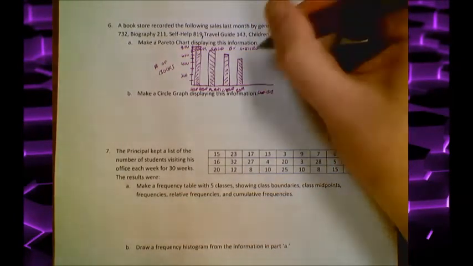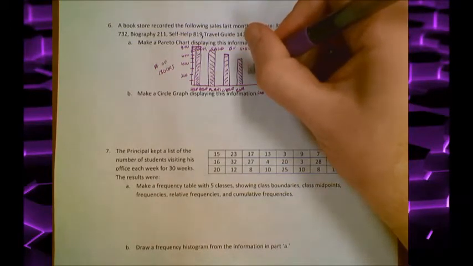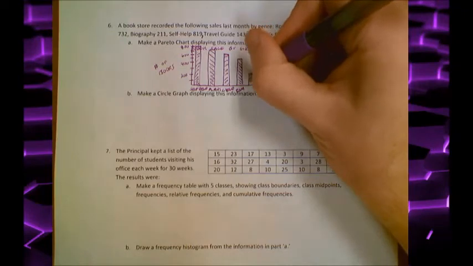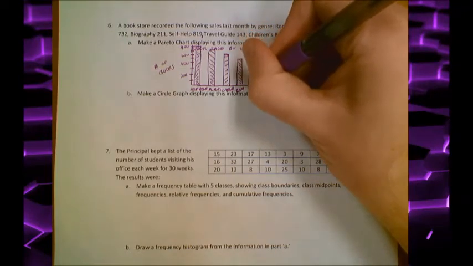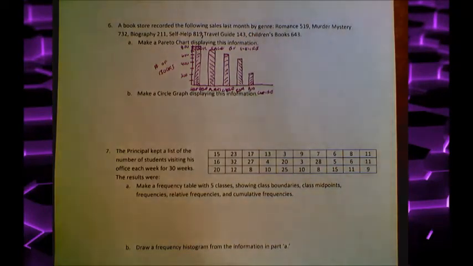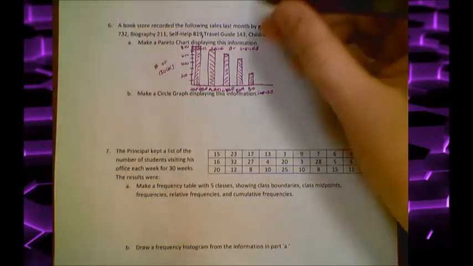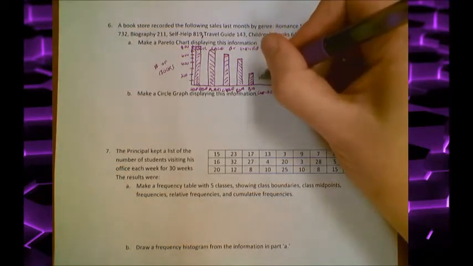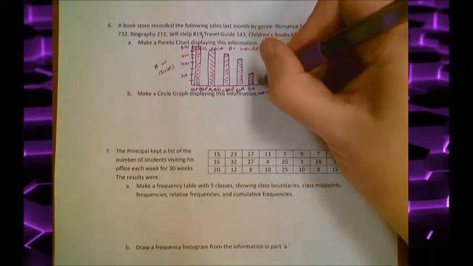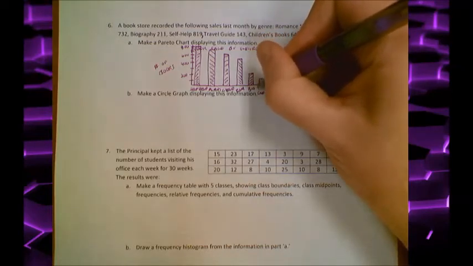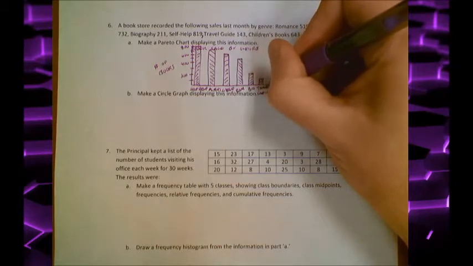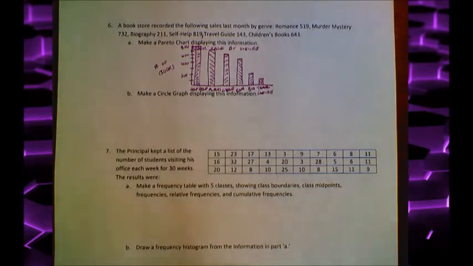So pretty big jump down there. And then our last one is going to be the travel guides, which is down there at about 143. So you get our Pareto graph looking kind of like that.